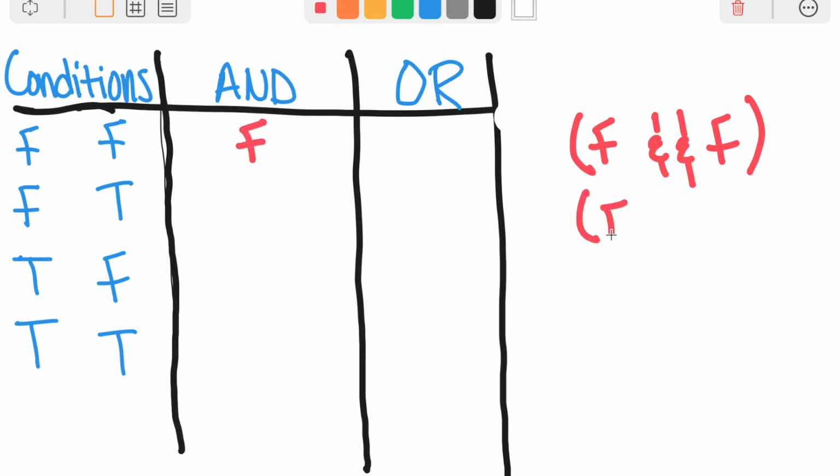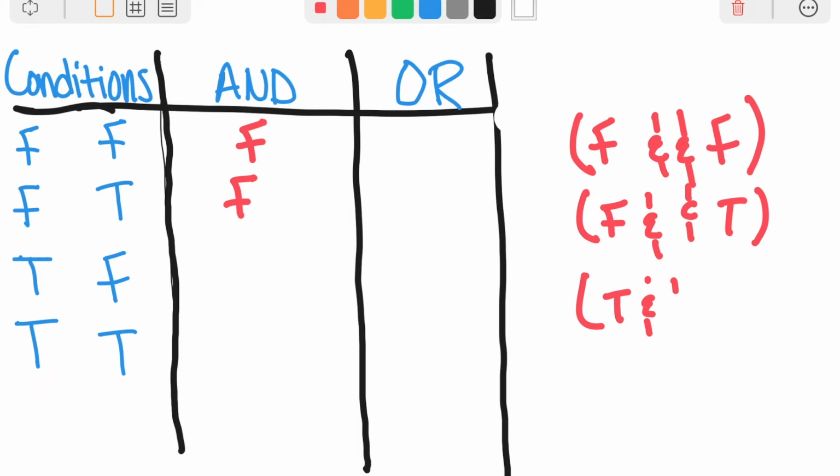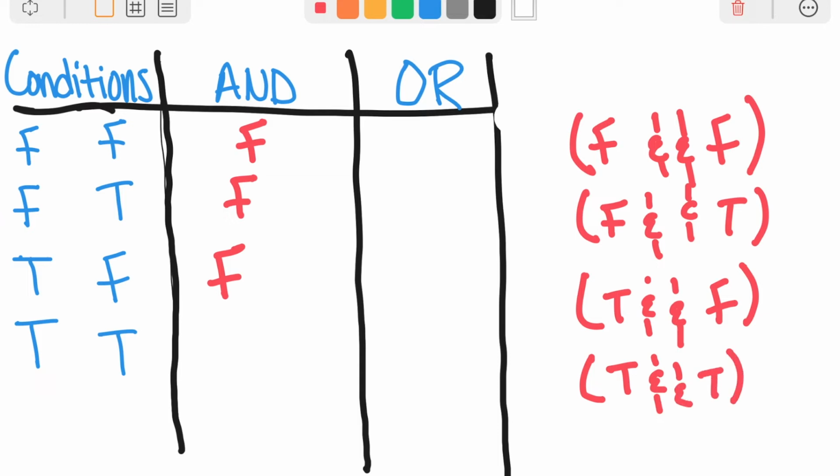If we have false and true, well, we have one true, but the other one is false, so this is false. We have true and false. Well, remember, AND means they all have to be true, so this is also false. Now we have true and true. So this is true.